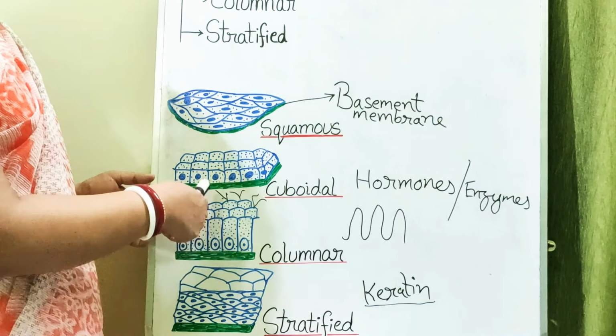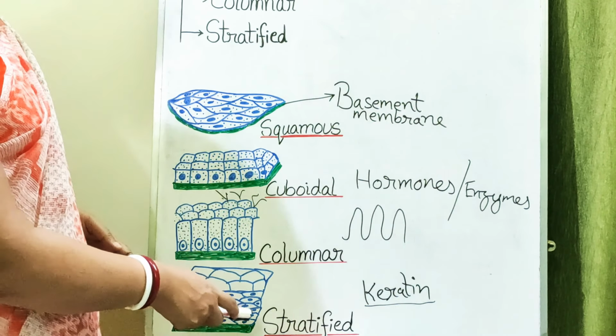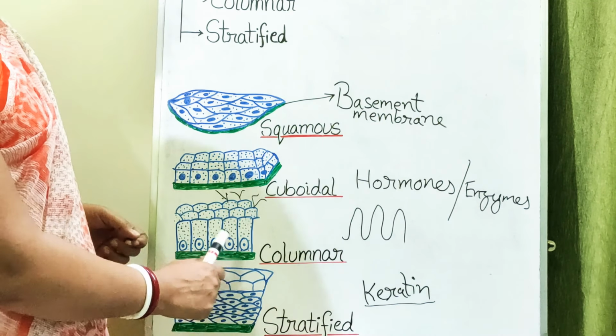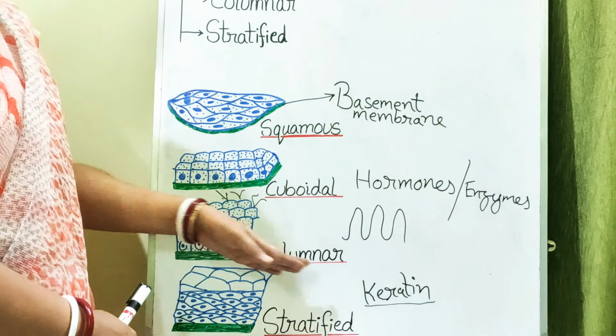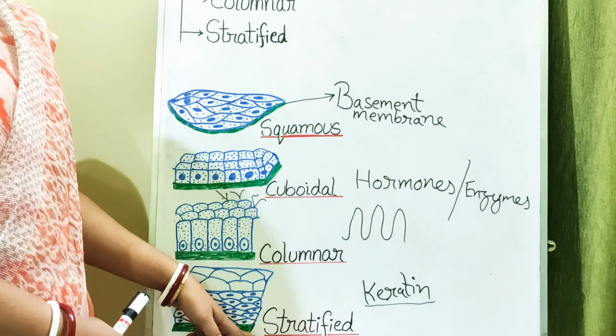They are associated with secretions and also with giving protection. And stratified, of course, are found in the outer part of our body, especially the skin, and they are sometimes keratinized. That is why they are known as keratinized stratified epithelial tissue.